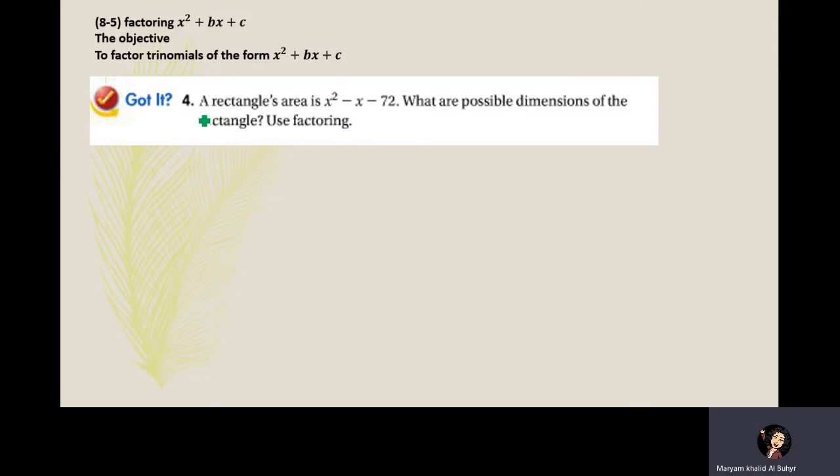Exactly the same idea. A rectangle's area is this one. What are the possible dimensions of the rectangle? Again, think about two numbers. Once you multiply them, you will get -72, and between them, the addition should give -1.